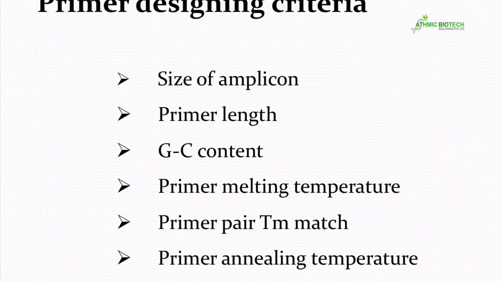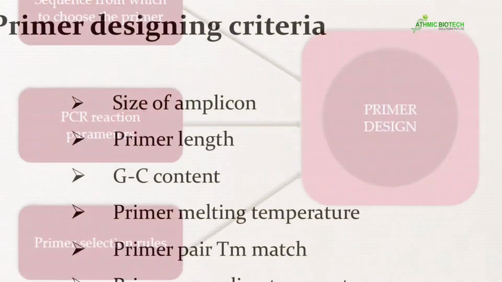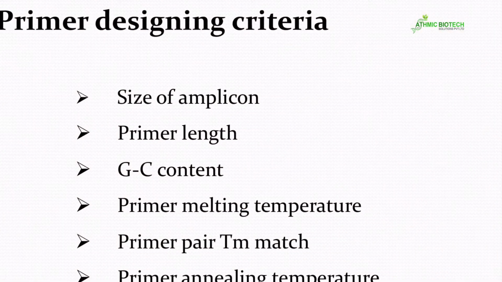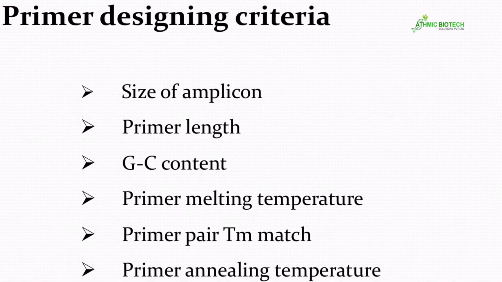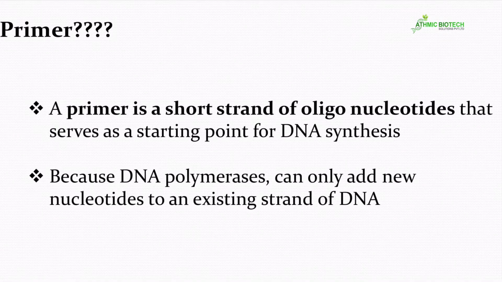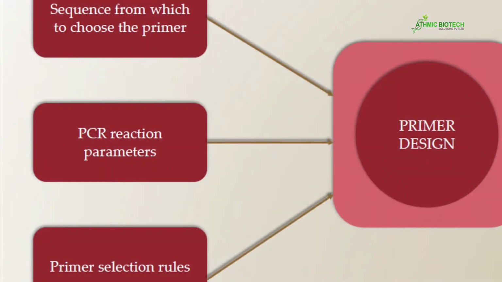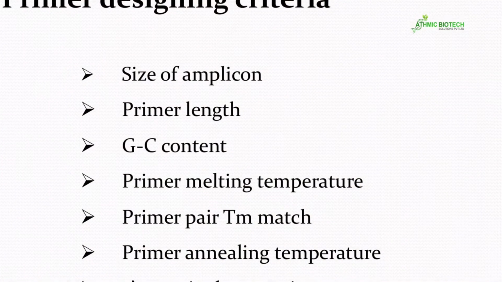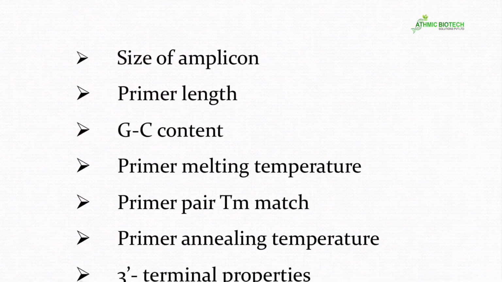With normal Taq polymerase, around 500 to 1500 bases will be enough. Beyond that, lots of replication errors will come. So try to set 500 to 1500 bases as your amplicon size in general if you are using Taq polymerase.